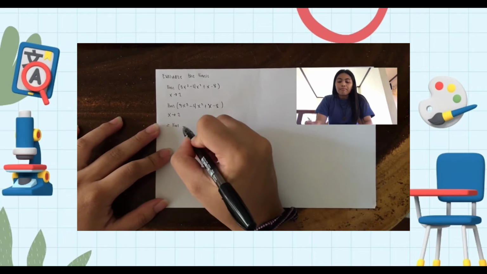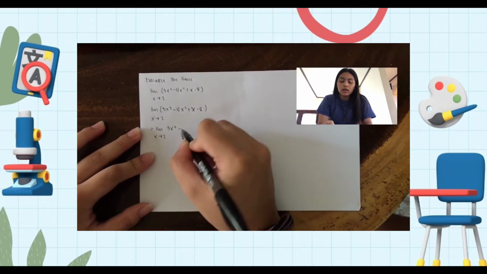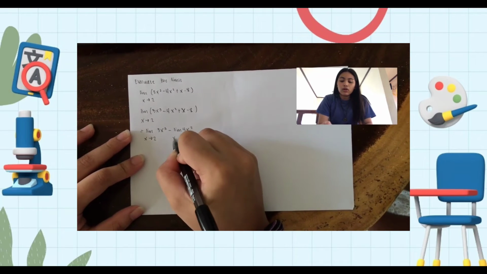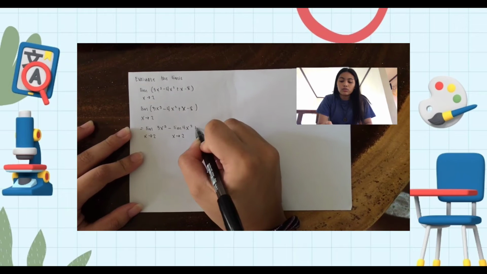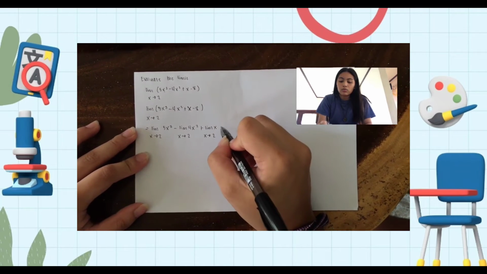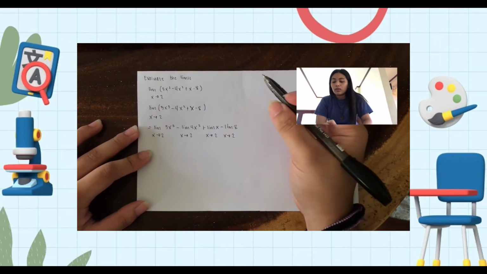So the limit of 5x cubed as x approaches 2, minus the limit of 4x squared as x approaches 2, plus the limit of x as x approaches 2, minus the limit of 8 as x approaches 2.